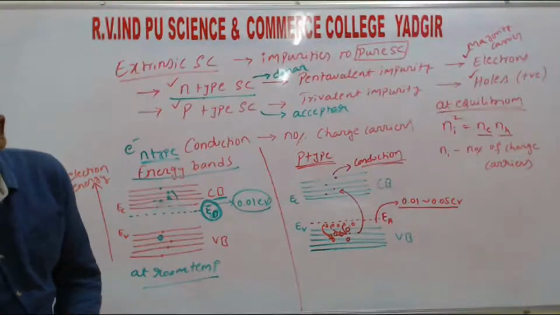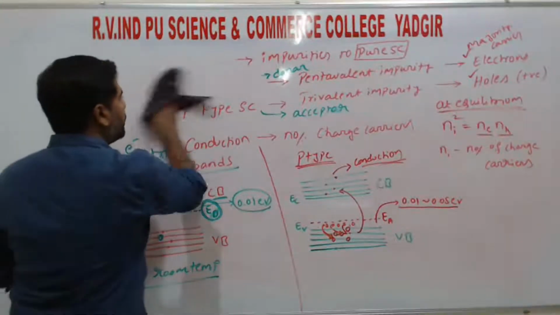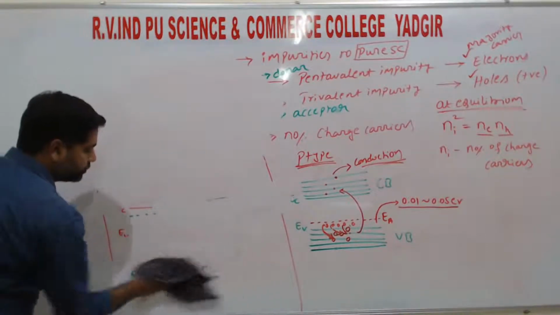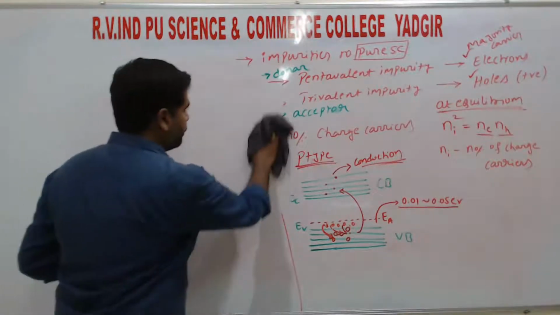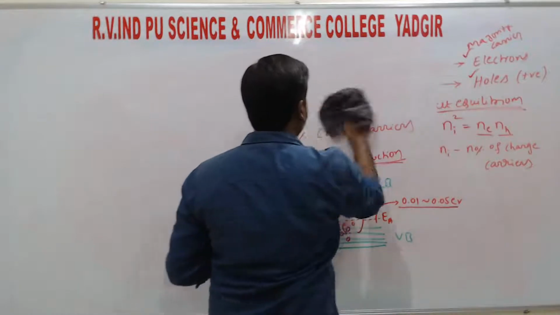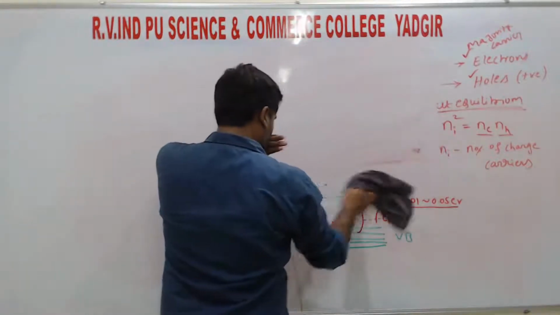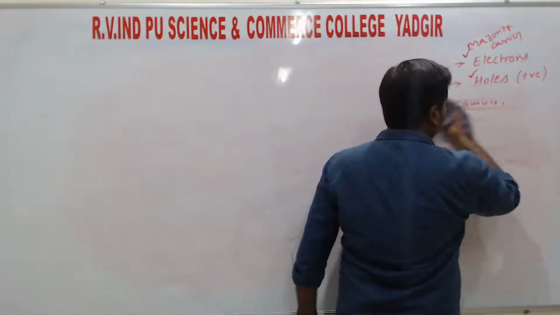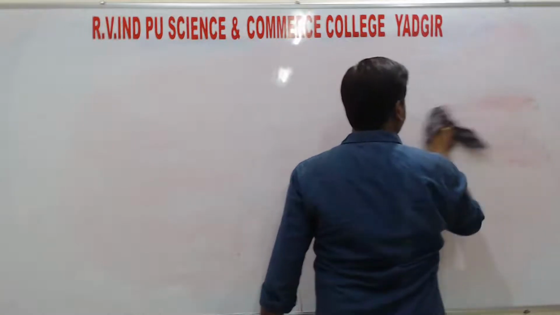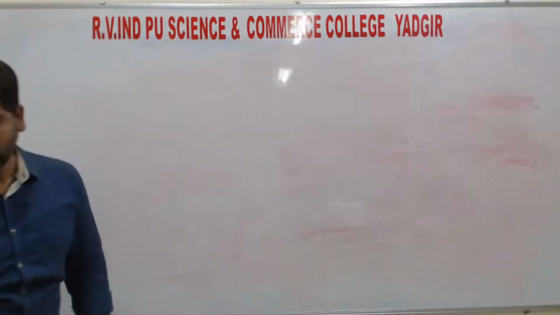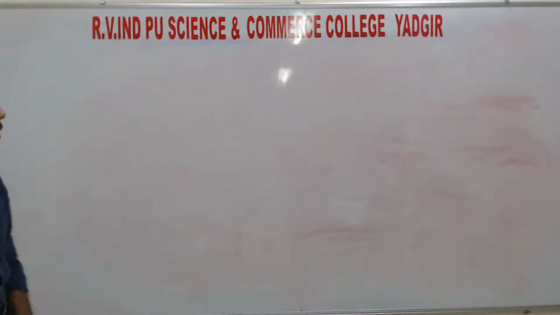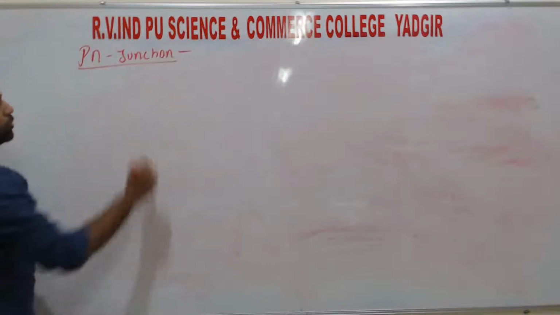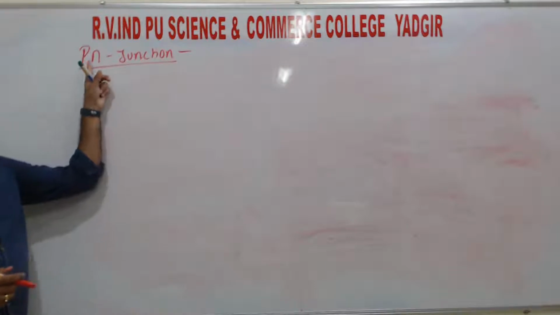So the next topic is PN junction. In the name itself, it is the combination of p-type and n-type semiconductor.